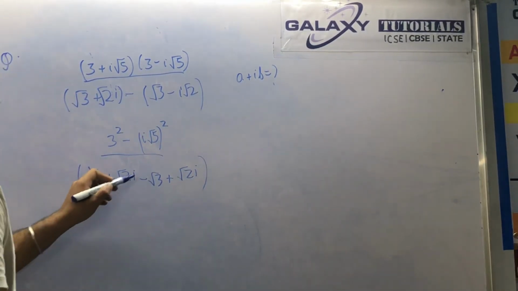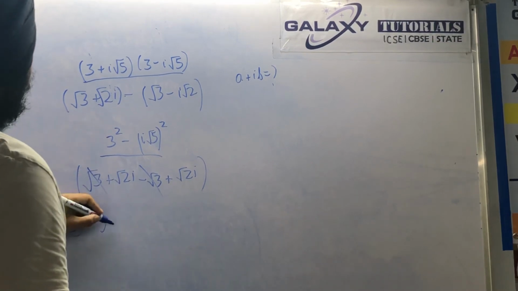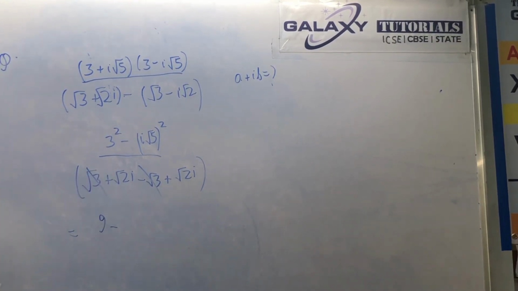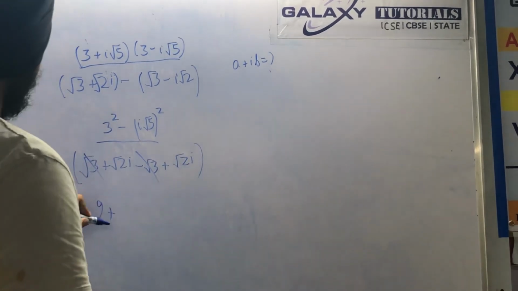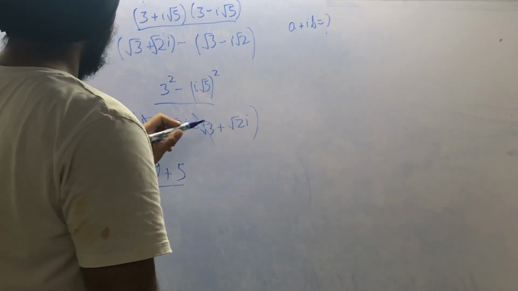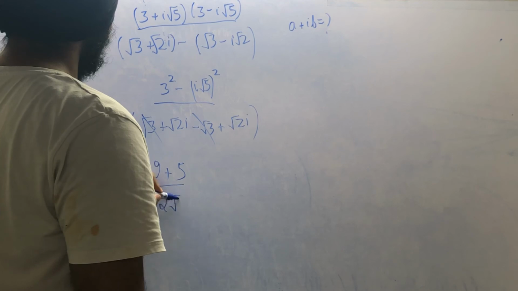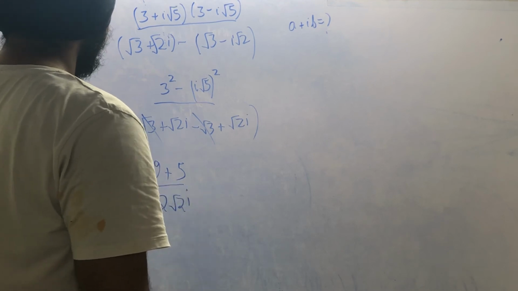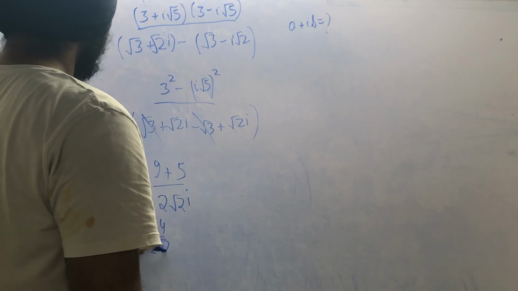So root 3 cancel. Okay, now look at this one, 9 minus iota square is how much? Minus 1. So plus root 5 will be 5. Okay, at the bottom it was how much? 2 root 2 iota. So this is basically 14 upon 2 root 2 iota.